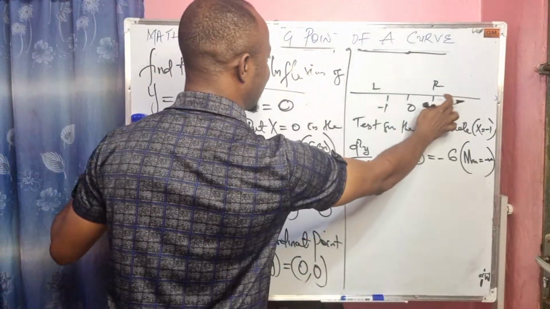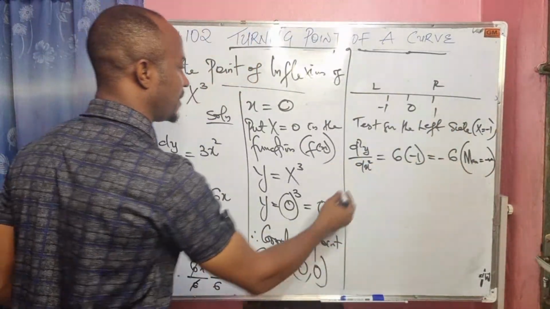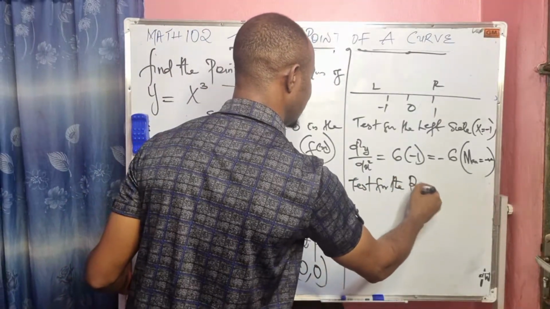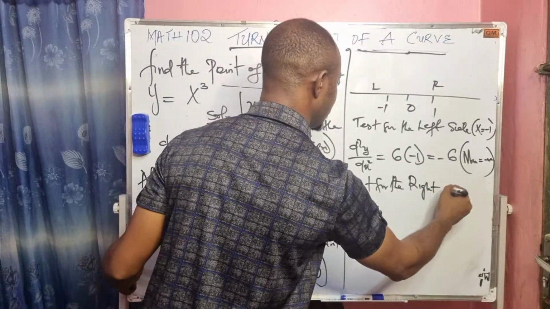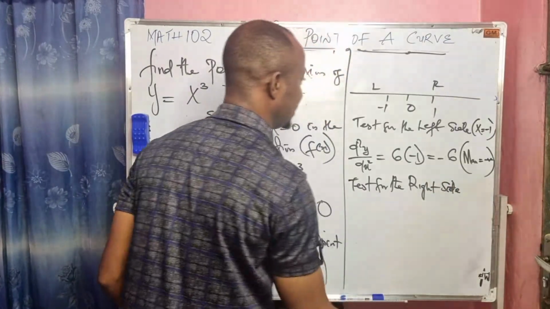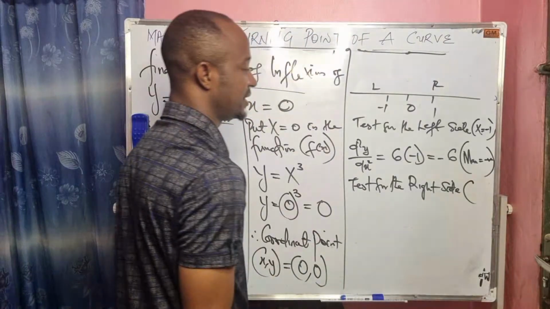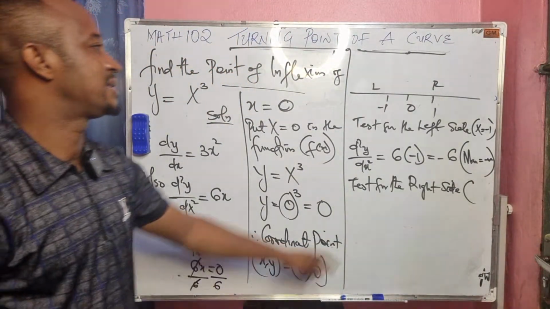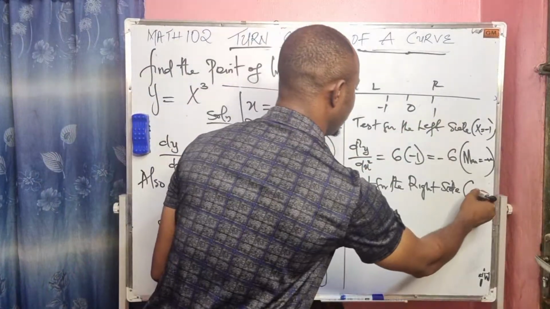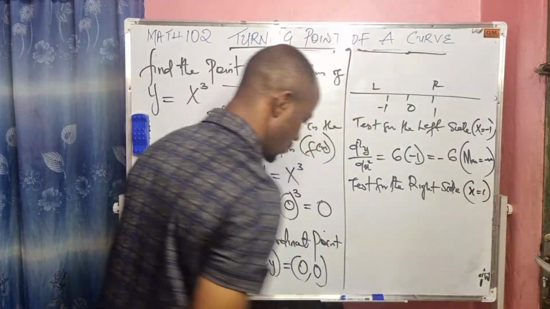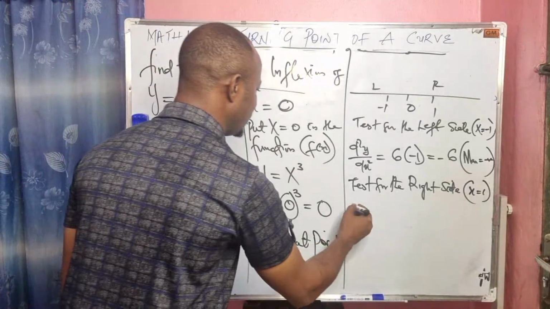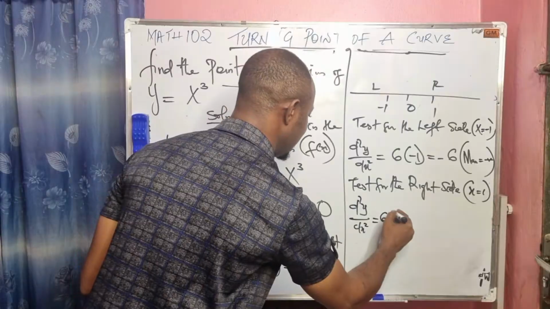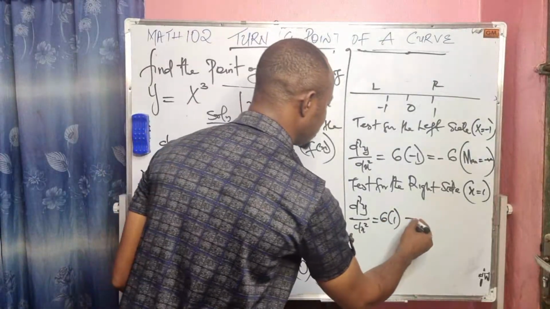The next step is to test for the right-hand side. We are testing for what now? In the comment section, please tell me, what are we testing for? We are testing for x equals 1. When we test for x equals 1, our d2y over dx squared is equal to 6 times 1, and 6 times 1 is 6.